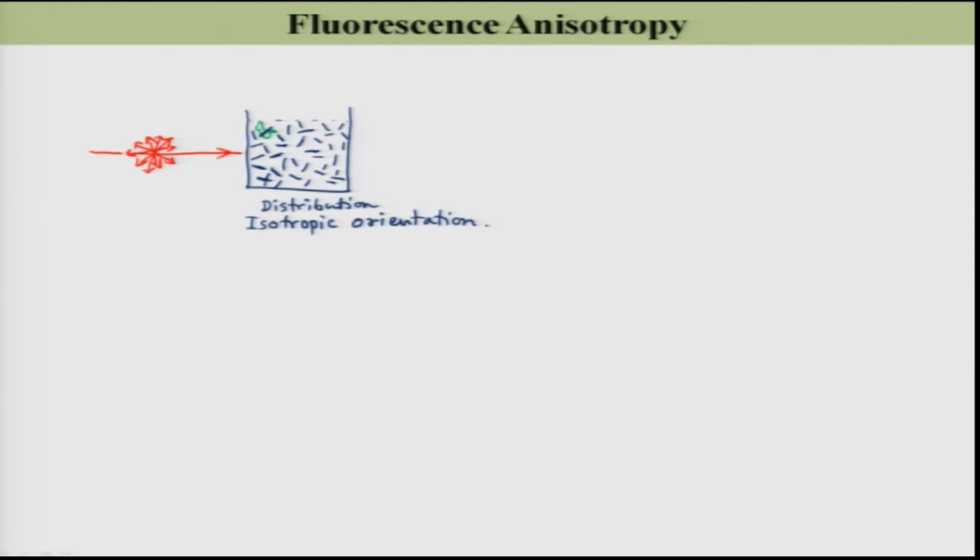So, one of these orientations will find its counterpart in the unpolarized light. Let us say this one will find that the orientation is very close. This one will find that this orientation is very close. For this one, you will find this orientation is very close. For this one, it will find that the orientation of this one is very close.